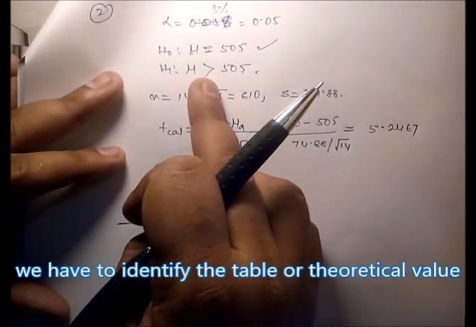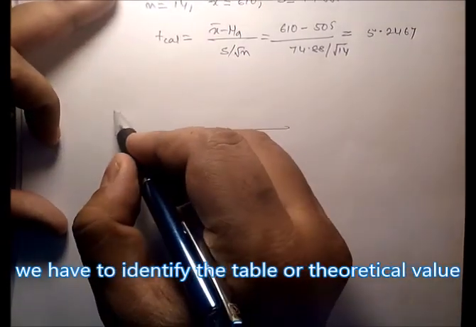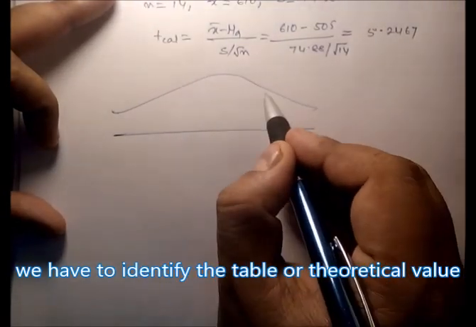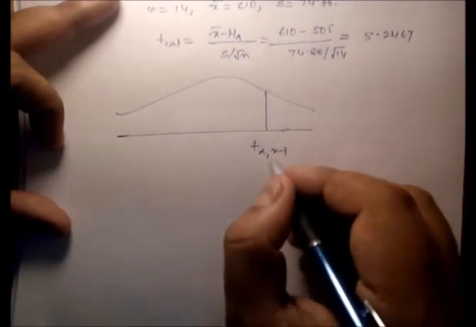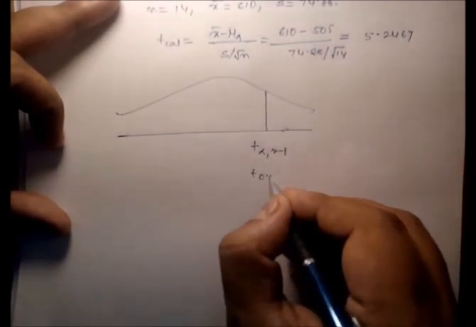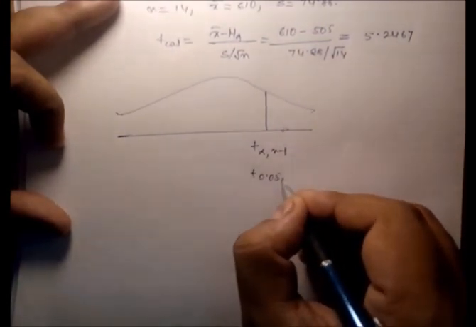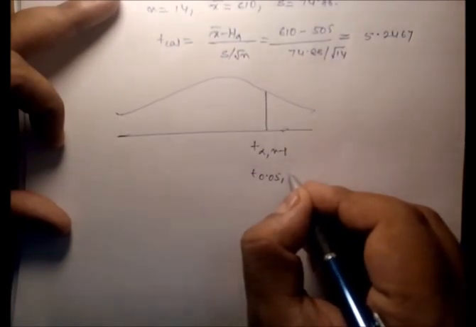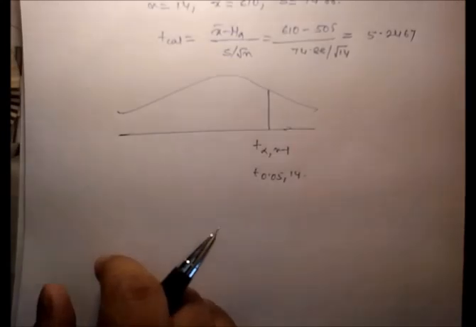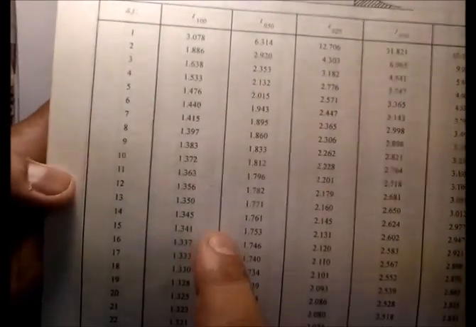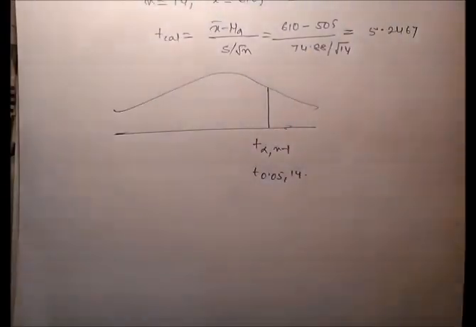Now we have to calculate the theoretical value. It's a right tail test, so the figure will be t alpha, n minus 1, where alpha is 0.05 and n is 14.